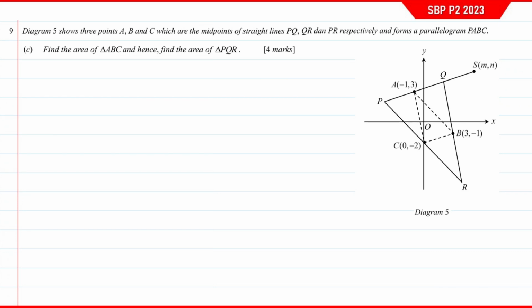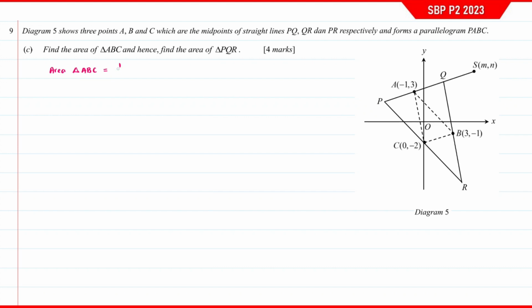Question C. Find the area of the triangle ABC and hence find the area of the triangle PQR. As we know the coordinates of the points A, B, and C, we can find the area using the shoelace formula.